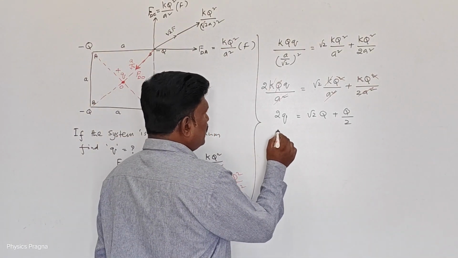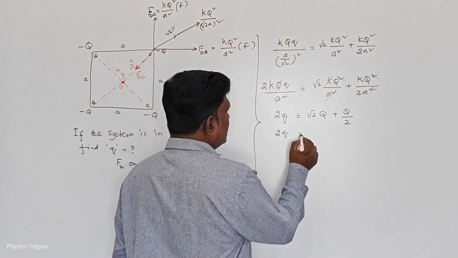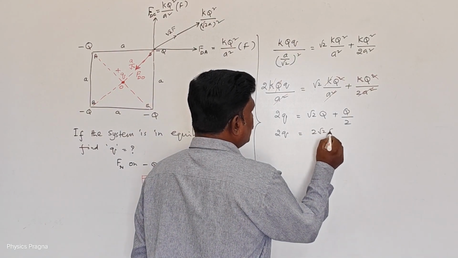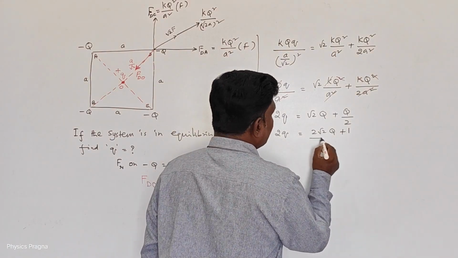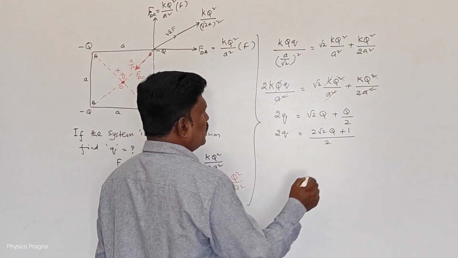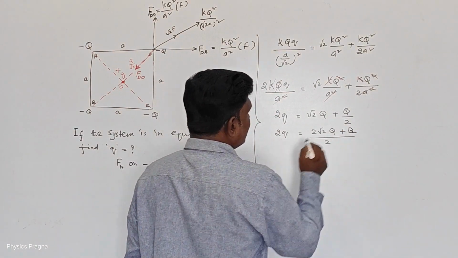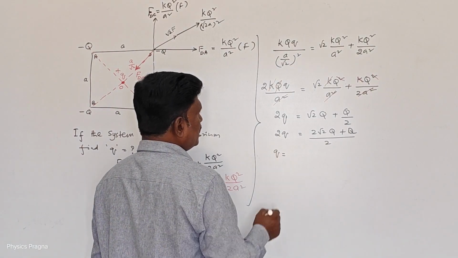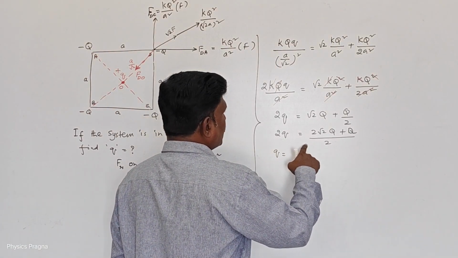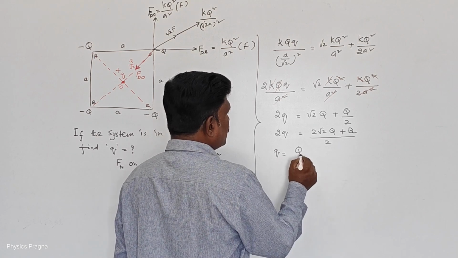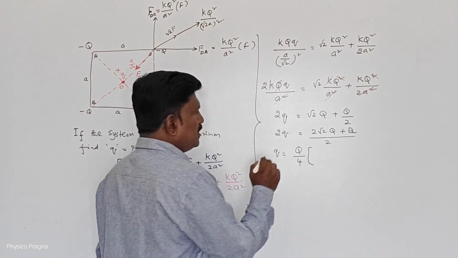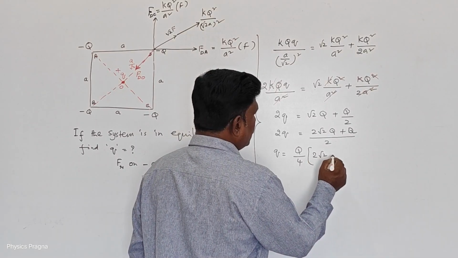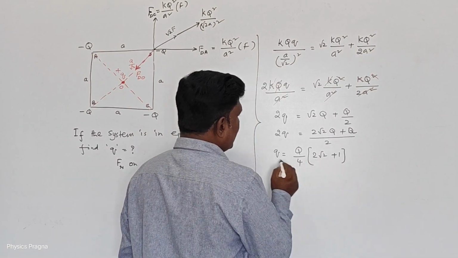Then 2q is equal to, I will take the LCM, (2 root 2 plus 1) by 2 times Q. Then q is equal to, I will take this 2 common, so Q by 4 times (2 root 2 plus 1).